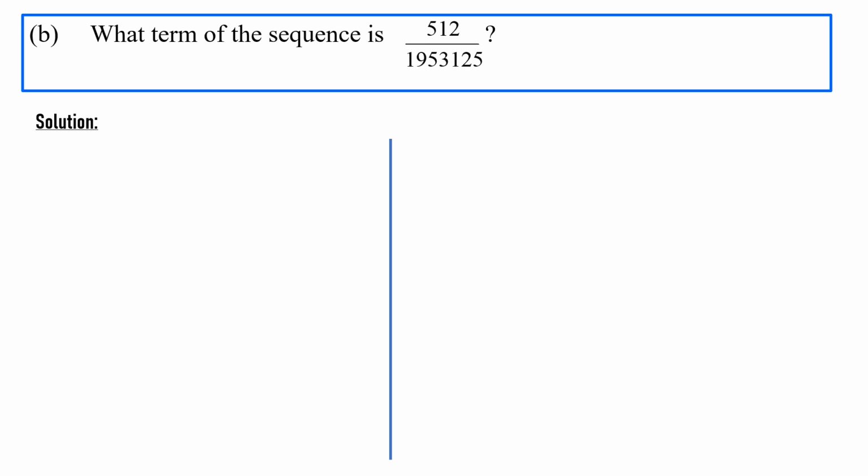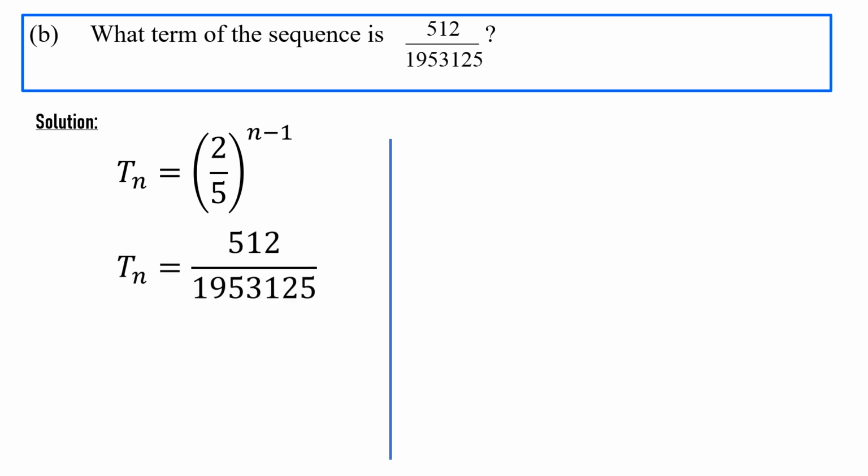We're still in Example 15. The next question is, what term of the sequence is 512/1953125? The question needs us to find the n. This is the formula of Tn that we have before.